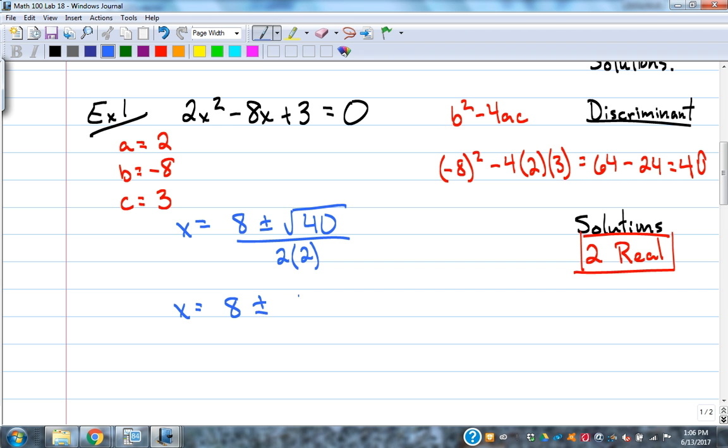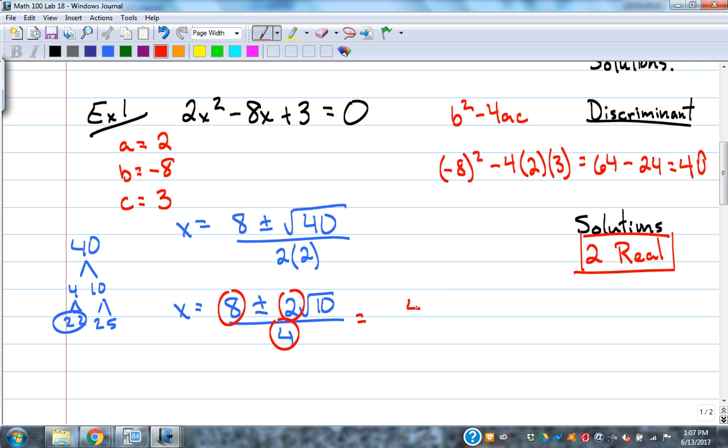The square root of 40 breaks down to 4 times 10, and there's a pair of 2's, so we get 2 radical 10 over 4. Then we could simplify that because 8, 2, and 4 are all divisible by 2. So that would be 4 plus or minus the square root of 10 over 2.